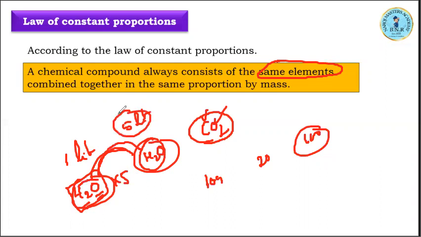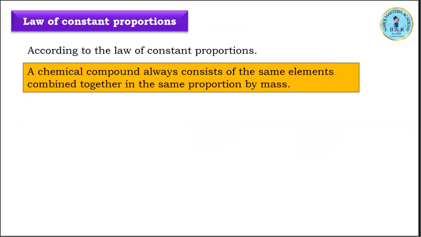It means the same elements throughout the compound, and it does not change at all. If you take 1 liter, 10 liters or 50 liters, the proportion is constant throughout the substance.